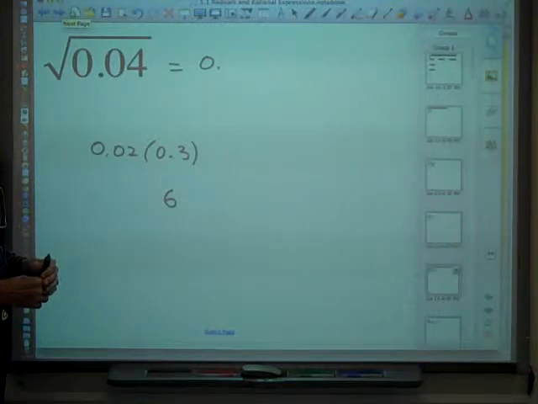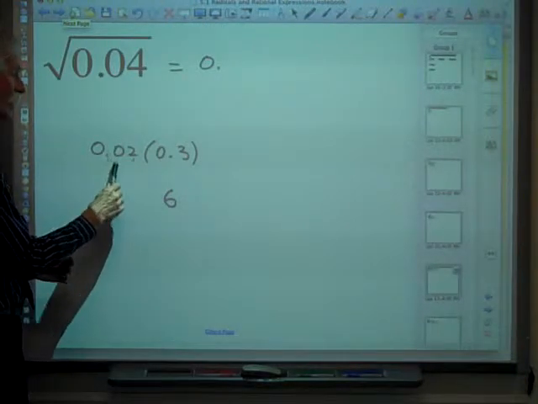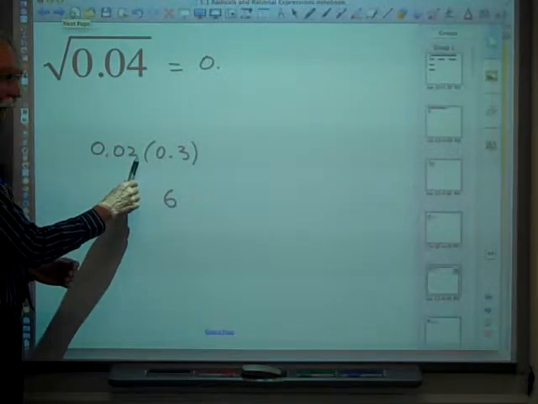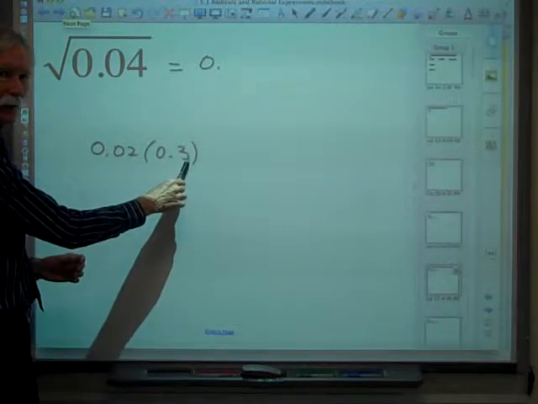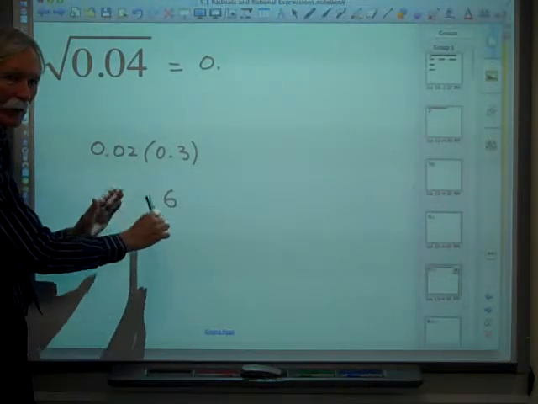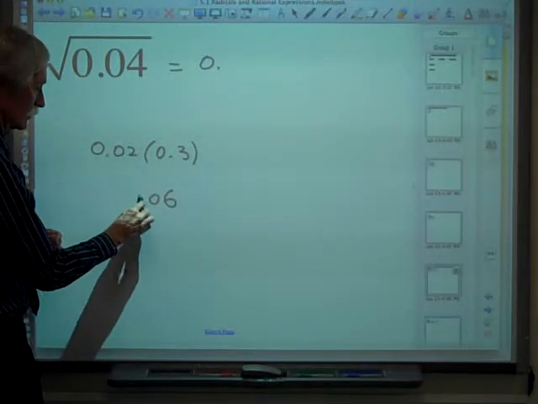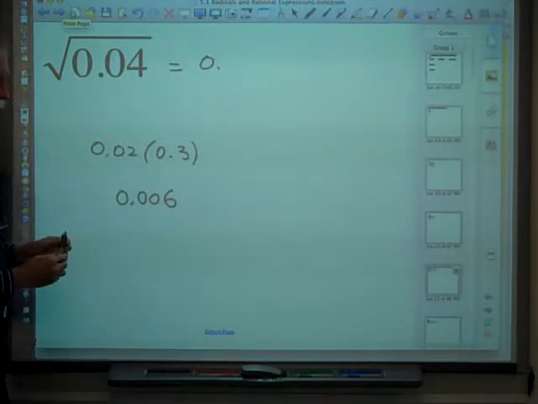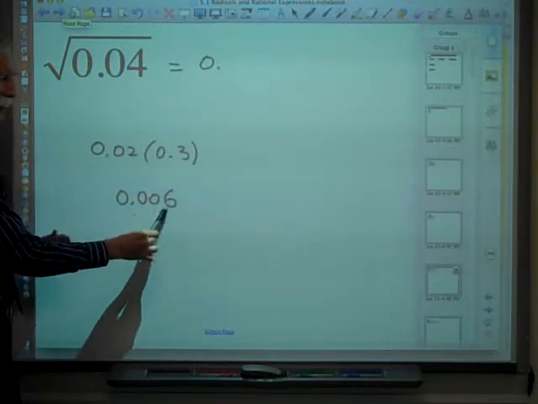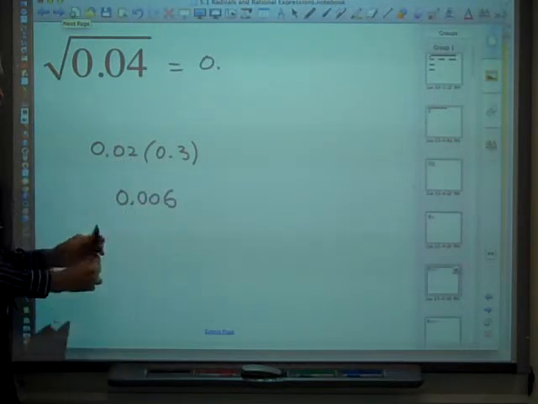How many decimal places does this have? And this one has, so all together the answer needs 3. So that's what it would look like, 3 decimal places. So it's 2 times 3 is 6 with 3 decimal places.